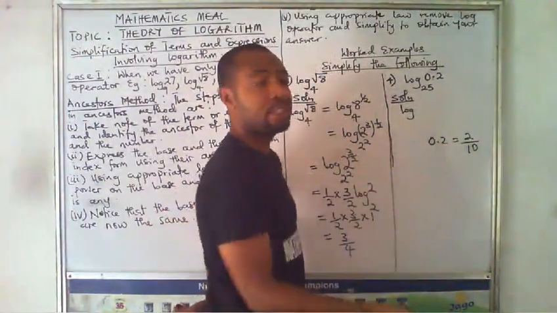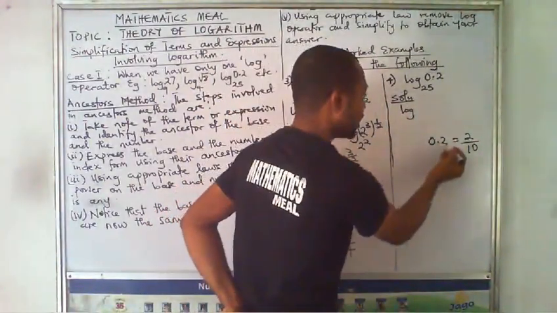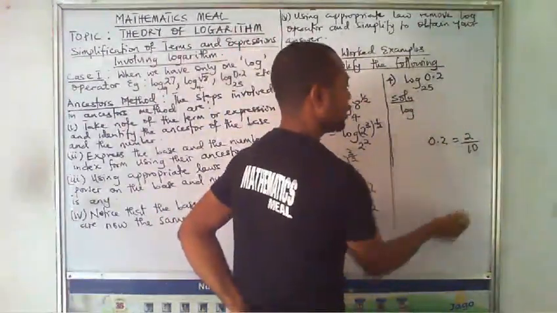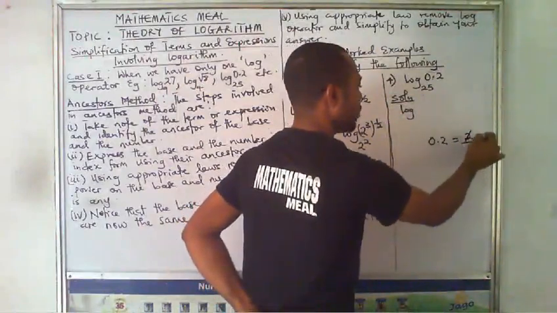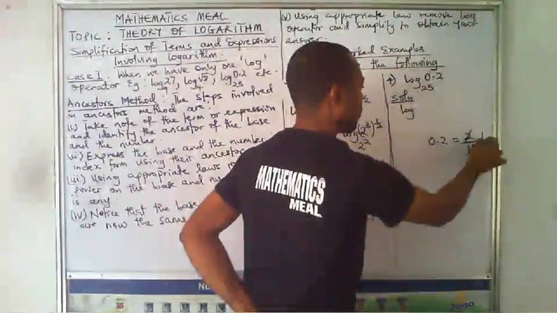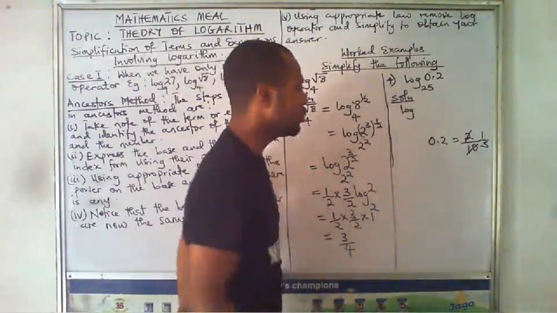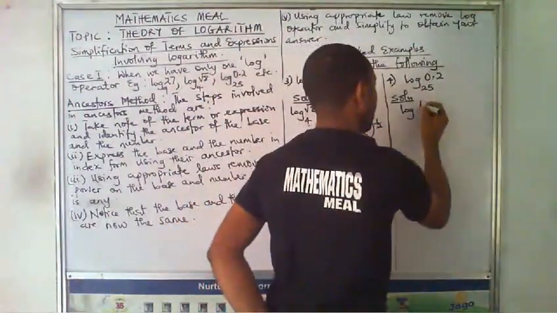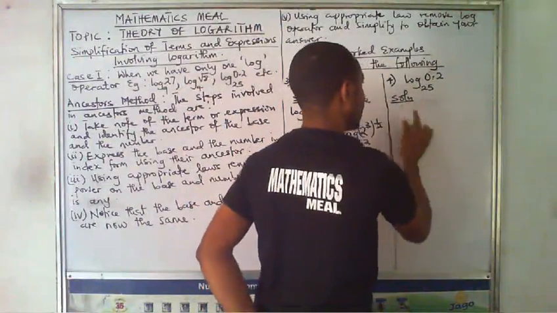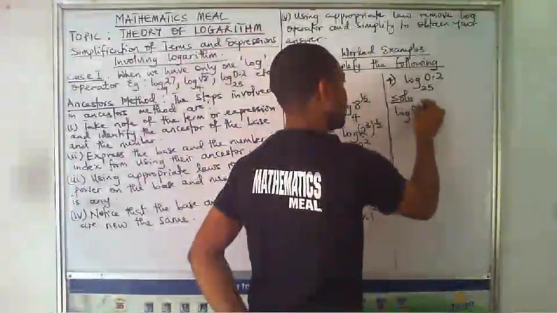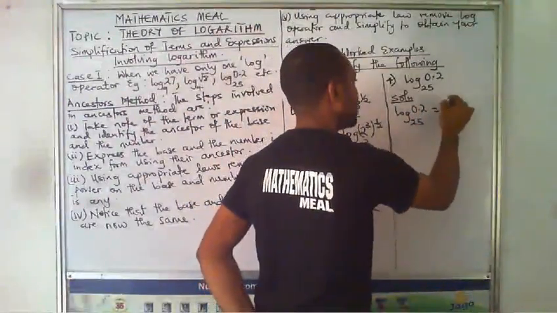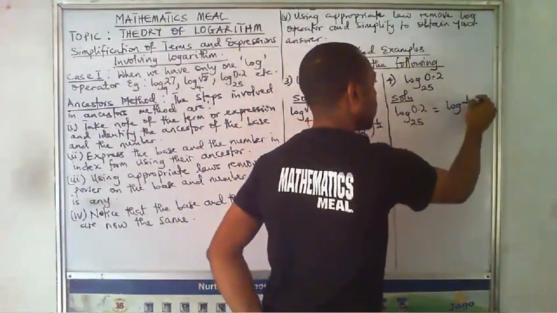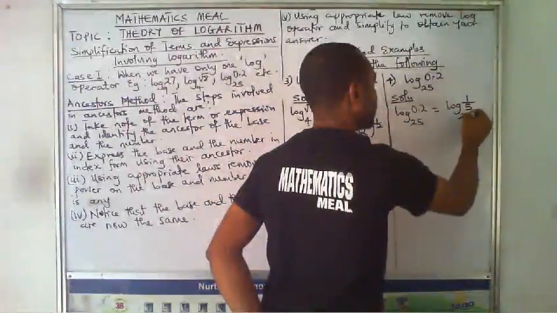Each decimal place represents a 10, and we have just one decimal place. When you break this down, you have 1 over 5. So 0.2 is the same as 1 over 5. So let's write log of 0.2 base 25 as log 1 over 5 base 25.